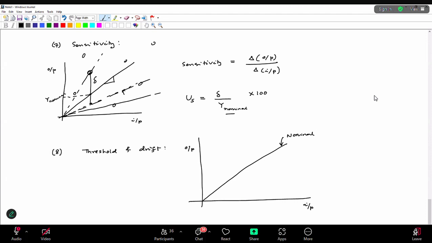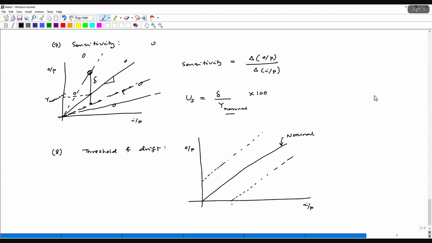For some time, you may have the characteristics which looks like this. Sometimes the characteristics which looks like this. So in that case, you can define threshold and drift.